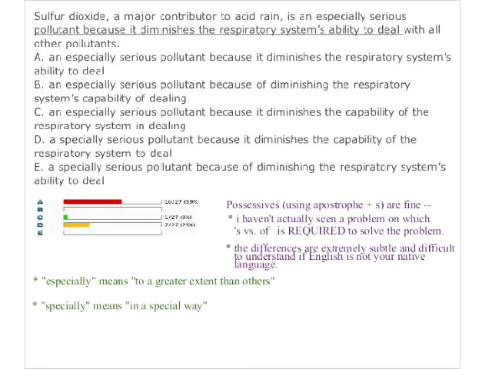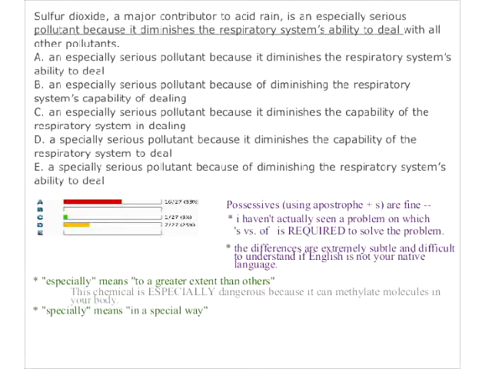So if you say something like, this chemical is especially dangerous because it can methylate atoms in your body, molecules in your body, this is especially meaning more so than other chemicals. So you wouldn't say specially, you would say especially.